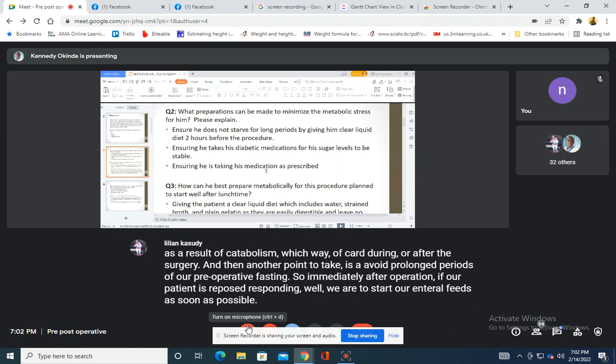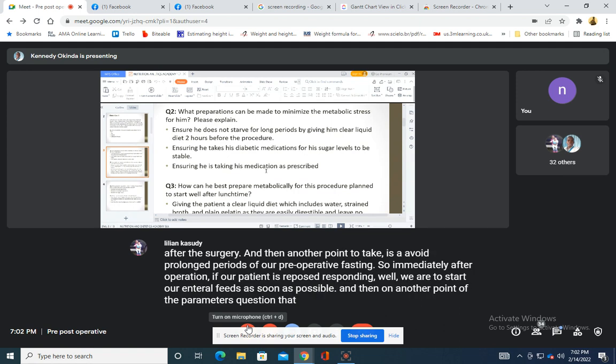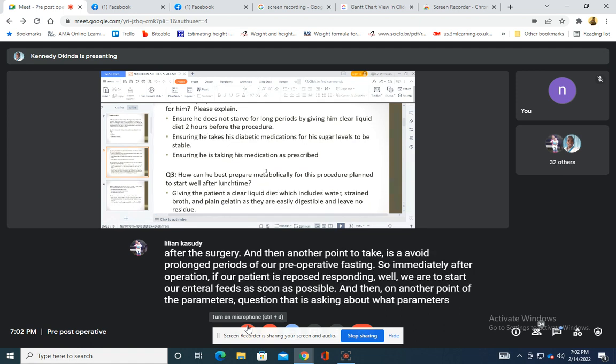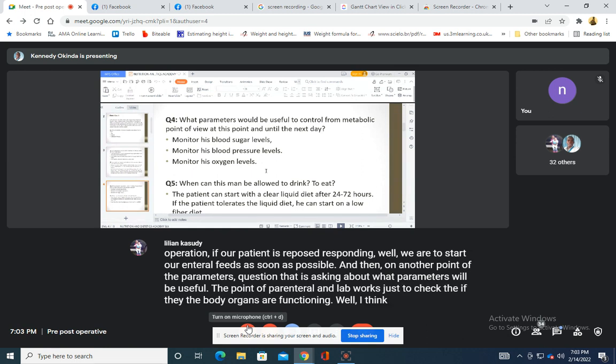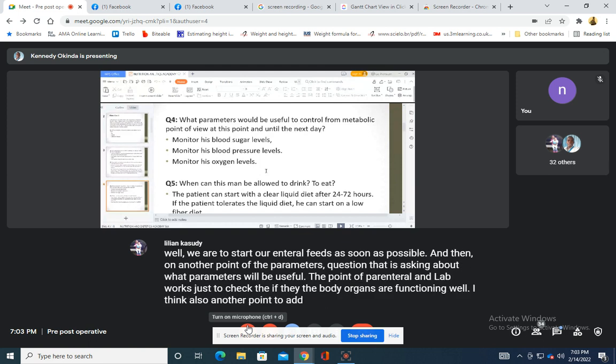And then on the question that is asking about what parameters will be useful, the point of parenteral and lab works just to check if the body organs are functioning well. I think another point to add is adequate hydration with RL.